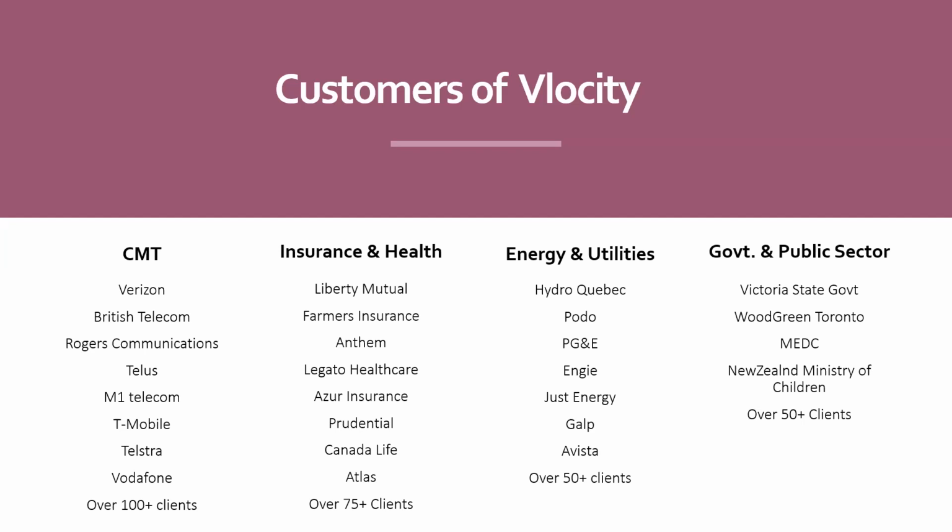For example, recently Vodafone started using it. Verizon is one of the first customers to start using Vlocity. A lot of UK-based telecom operators, South America, Australia, and North American countries are using Vlocity extensively.